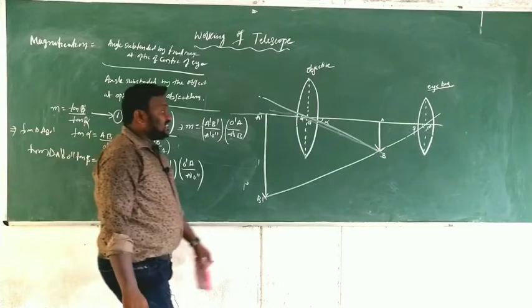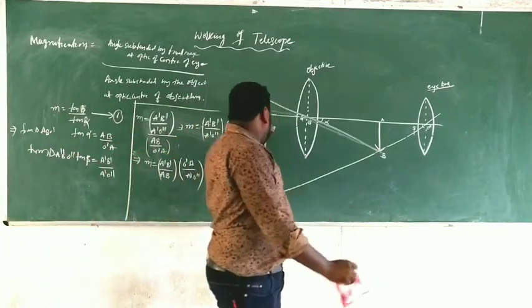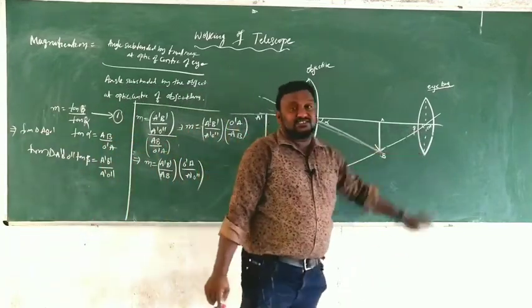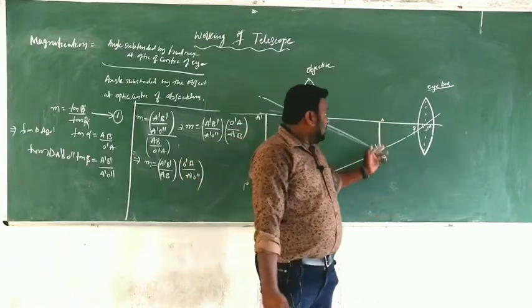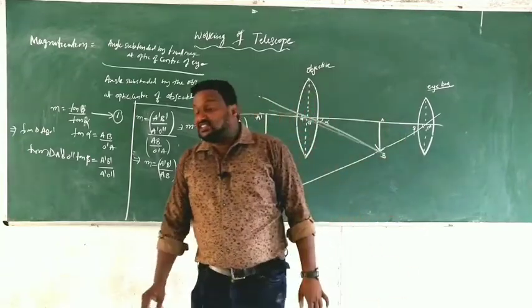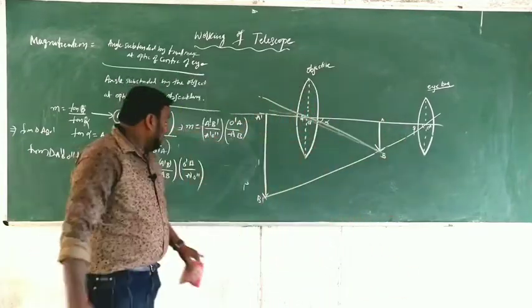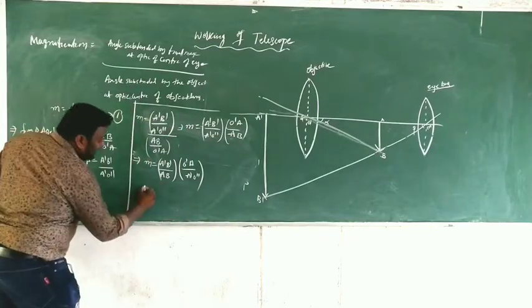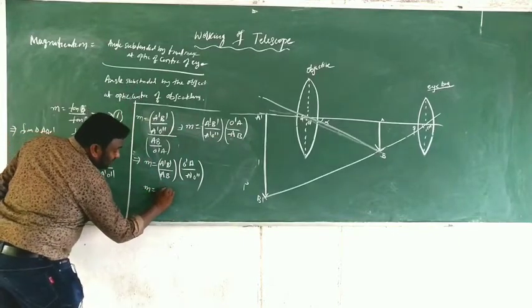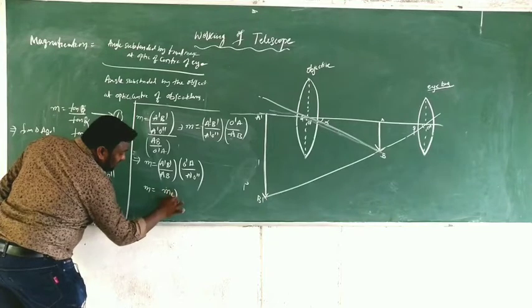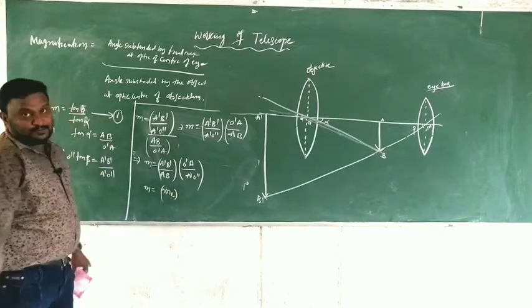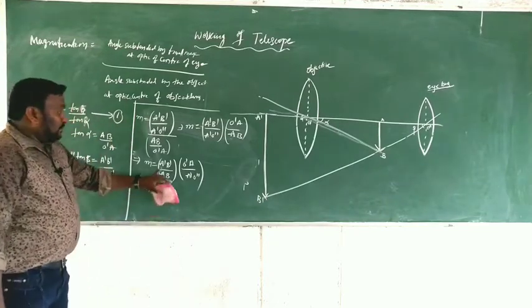Here, what is A dash B dash? Image of the eyepiece. And what is AB? Object of the eyepiece. That's why this value I am writing as ME. What is that? ME, the magnification.